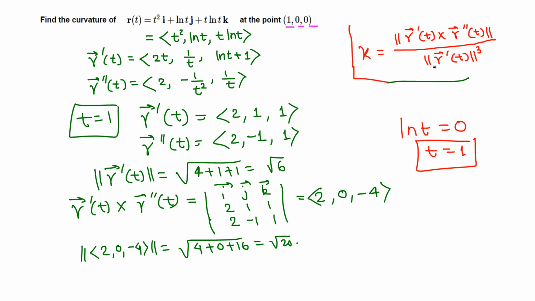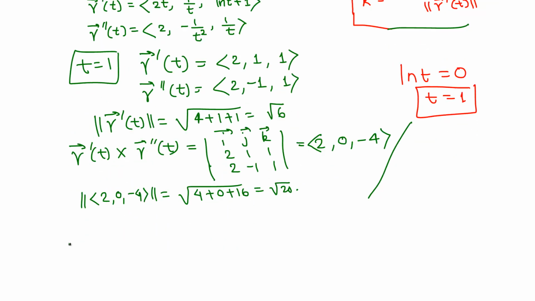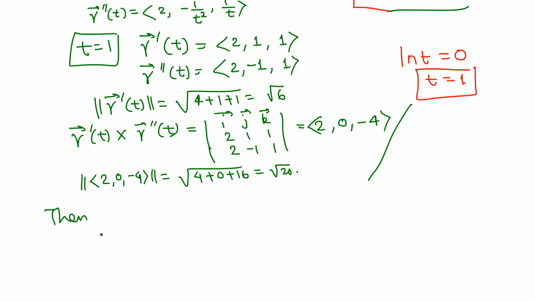Then using this formula, the curvature kappa is the magnitude of the cross product on the top, root 20, and the magnitude of r prime cubed, so root 6 cubed on the bottom.